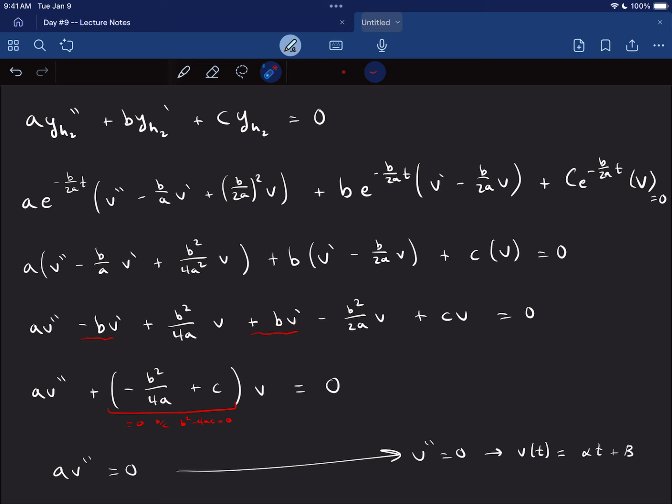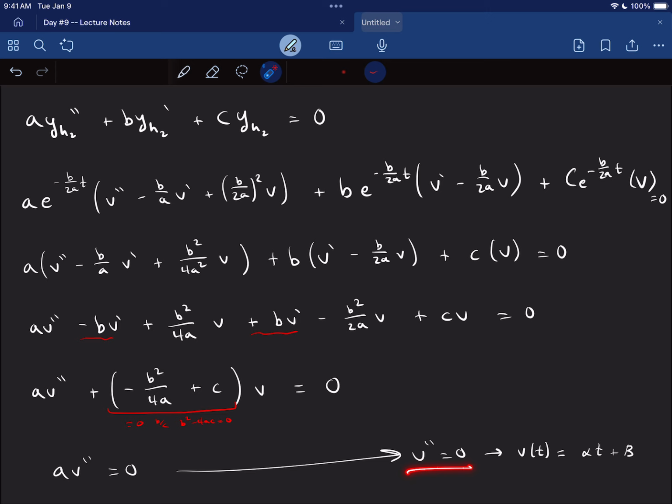But what's super cool is that the constant out front of the v is equal to 0. You can check this on your own, but if b squared minus 4ac is equal to 0, it means what I have highlighted is equal to 0. That whole term, poof, gone. So I'm left with just a v double prime equal to 0.